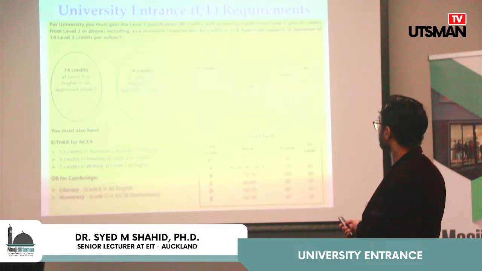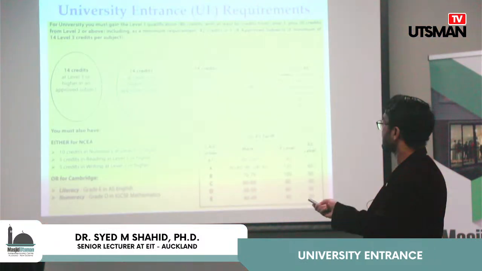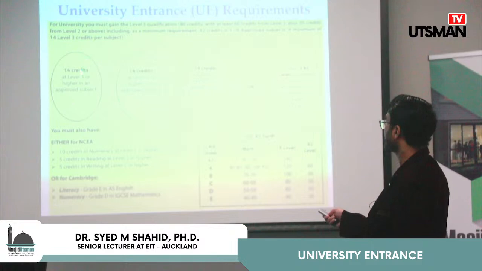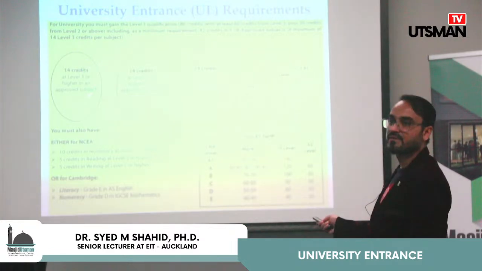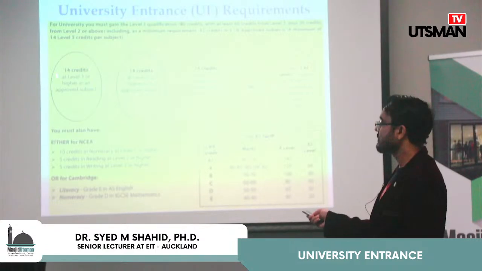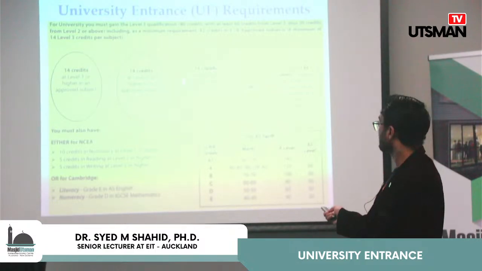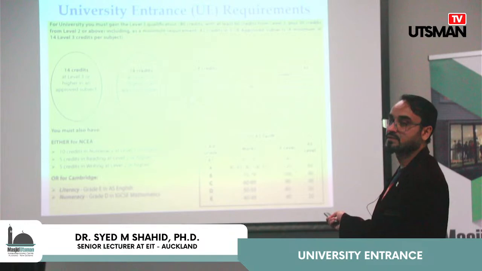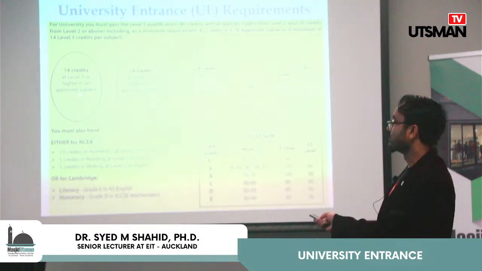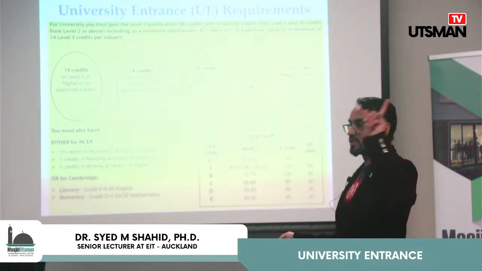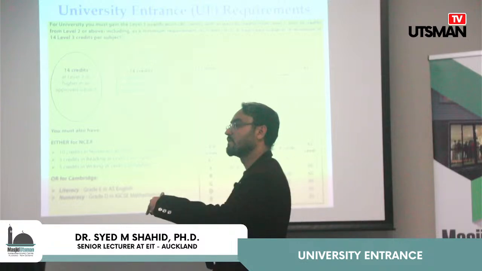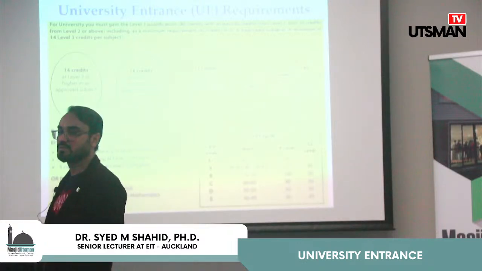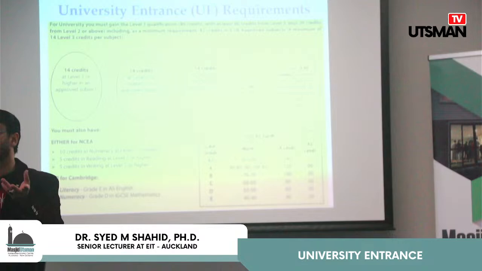Here I am presenting it in a different way, 3 approved subjects: 1, 2, 3. For example, if I want my son to be a doctor, he needs to have biology, chemistry, mathematics, physics. So these will become approved subjects for that particular program. If you want to be in business, then there will be different subjects, maybe business, finance, commerce, economics, whatever.